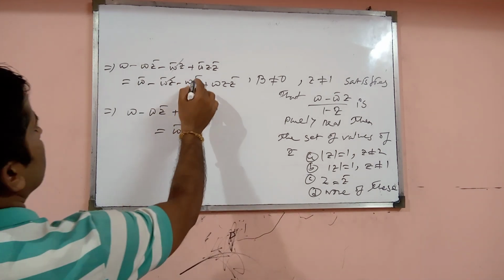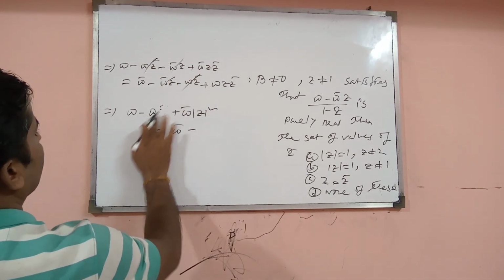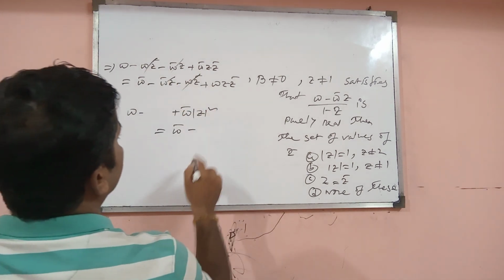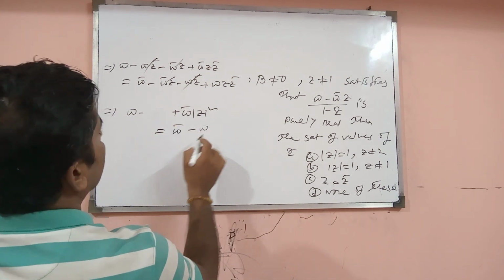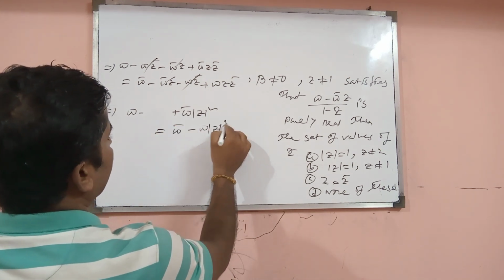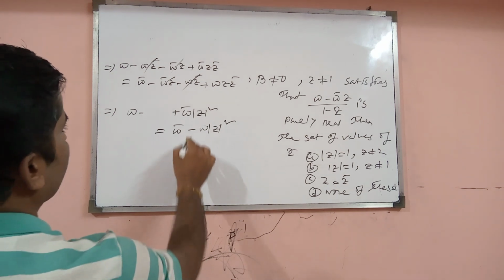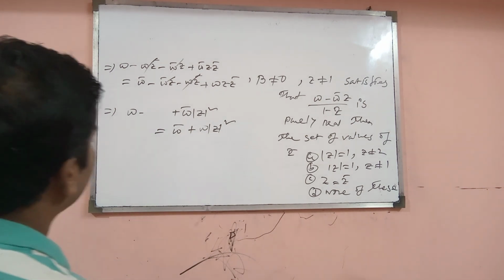Yeah, these two portions will be cancelled. Okay, w z bar whole square. Okay, it would be like this.